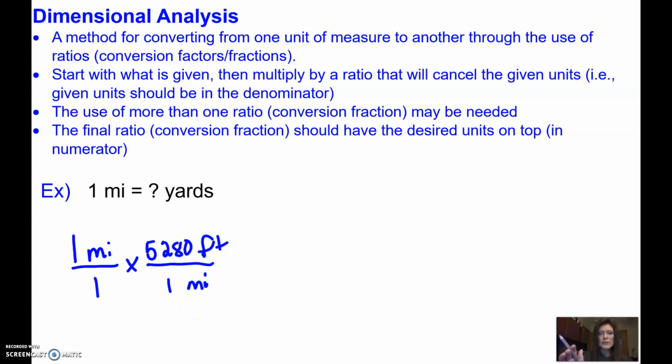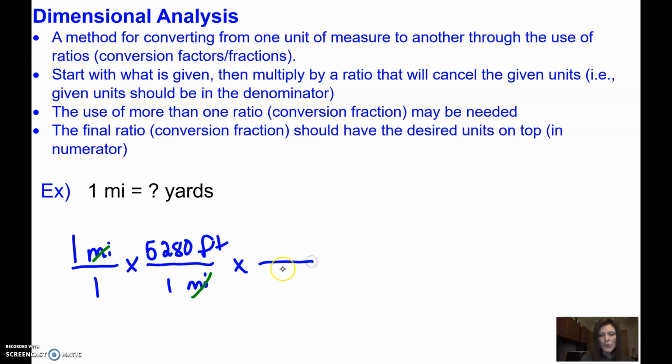Okay, so the good news is the miles cancel, right? So no more miles, but now my answer's in feet. That's the label that's left. And I want to get my answer into yards. So I'm going to go back and say, well, we had one more conversion factor that was related to feet and yards, and that was that 3 feet is 1 yard.